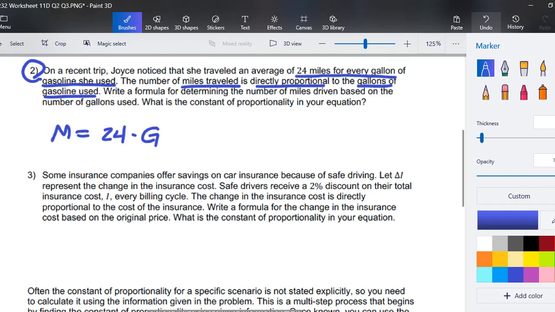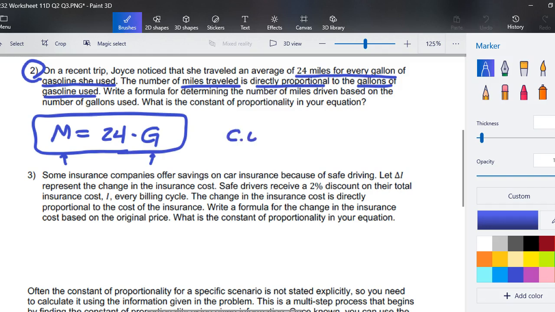Write a formula to determine the number of miles driven. So the number of miles driven is going to be 24 times the gallons of gas used. Here's our equation. The constant of proportionality is 24.